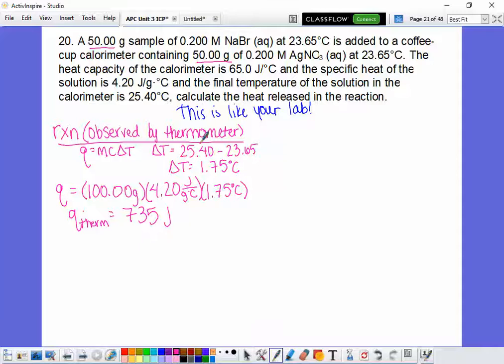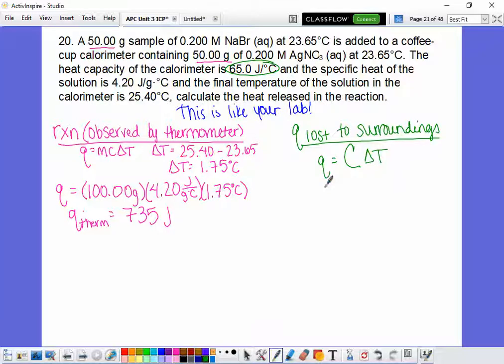So let's calculate that energy lost through the calorimeter. And that's going to be this formula. Q equals big C delta T, where big C is the heat capacity of the calorimeter.